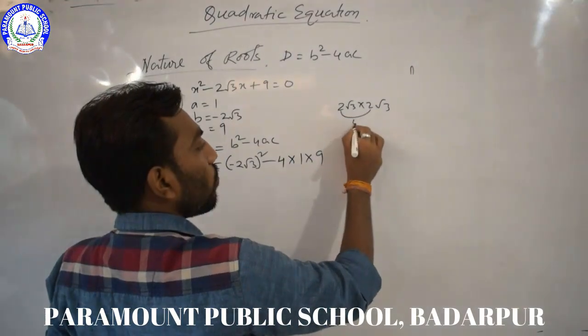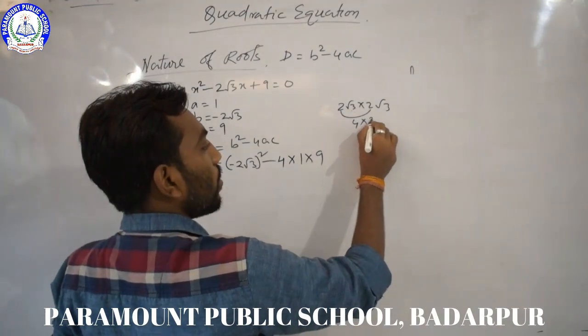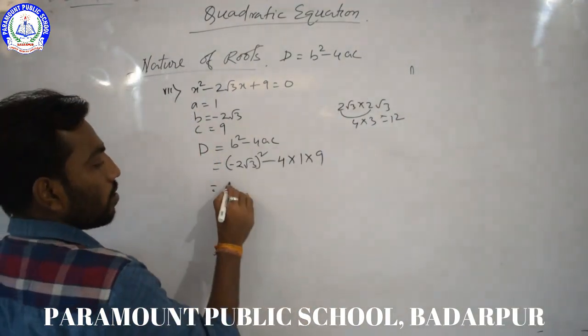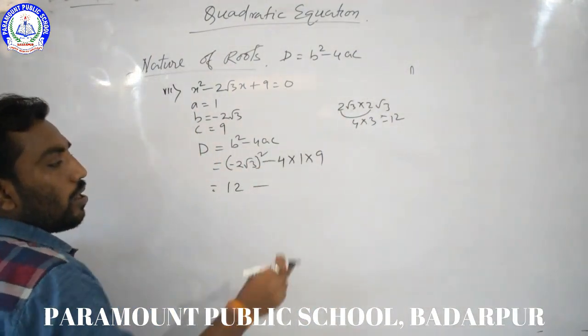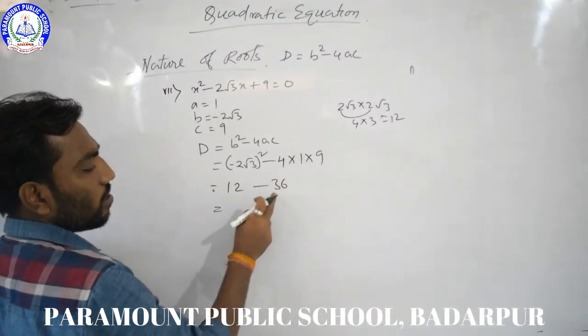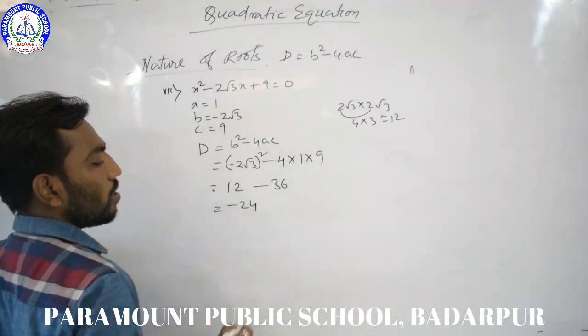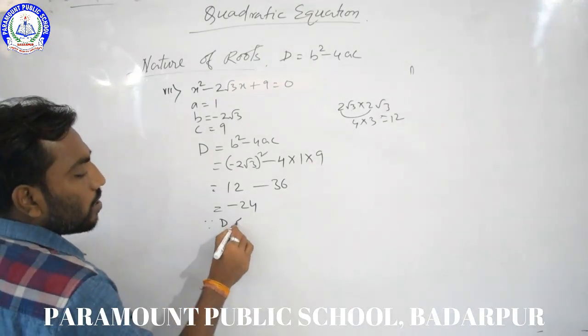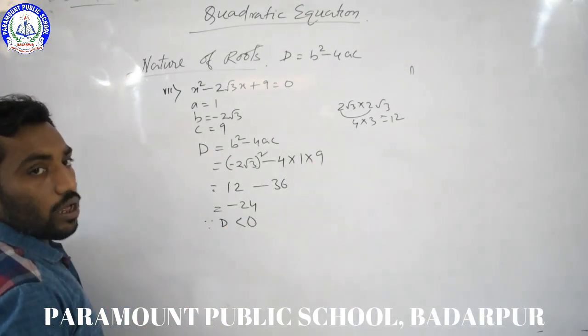So 2 twos are 4, root 3 into root 3 is nothing but 3. So we can see our value is equal to 12. And 9 fours are 36. So we can see our result is minus 24. So we can say discriminant is less than 0.